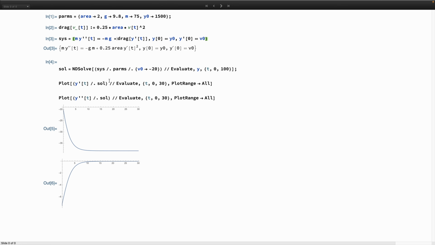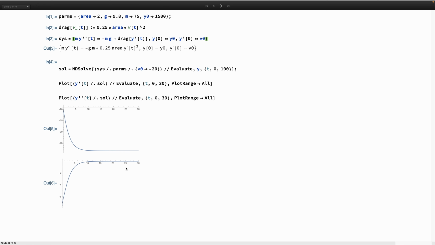And I went ahead and numerically solved it for the case where the skydiver was already heading downward at 20 meters per second. What we can see is that our skydiver approaches a terminal speed of, in this case, a little more than 38 meters per second, about 38 and a quarter. This is a plot of the velocity as a function of time.